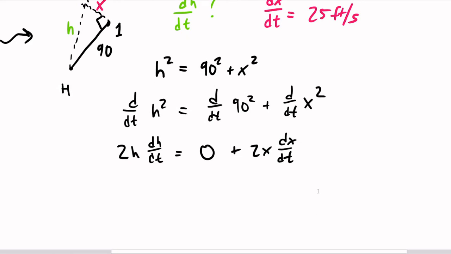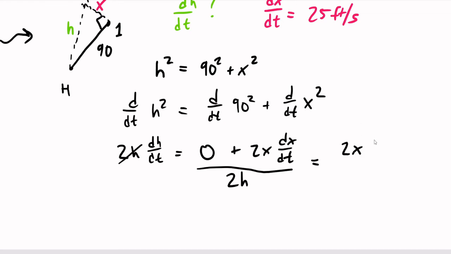Okay, so then I want dh/dt. So what can I do? Well, I can drop this over here, divide it over, and then I just start plugging in what I know. So 2x, so I've got to find x. dx/dt is 25 feet per second, so this is 2x times 25 feet per second over 2 times h.